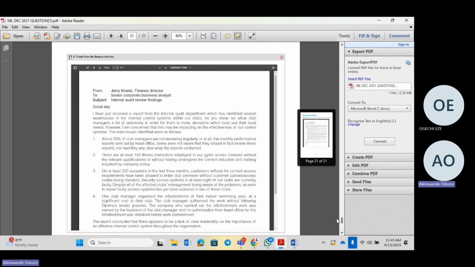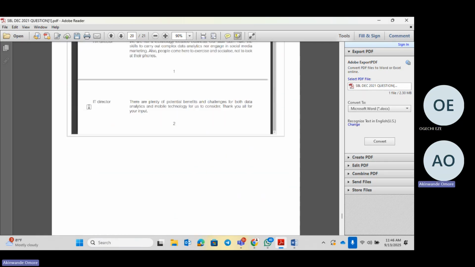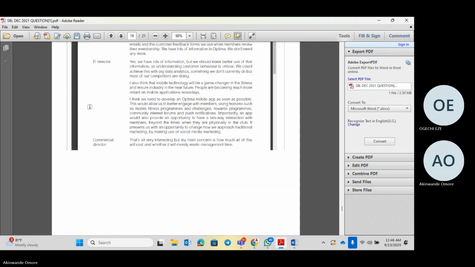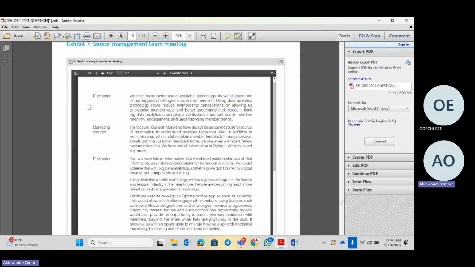You can see we are writing for the attention of Jerry Grants. Let me start from this man. We are looking at each of the lines. So what are the opportunities that we can see from the first paragraph now?